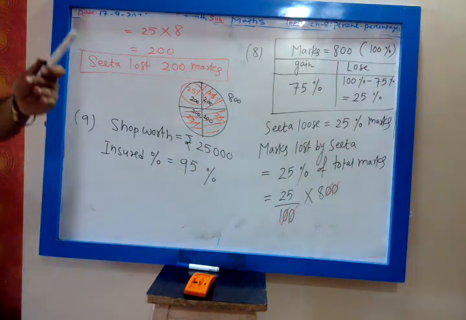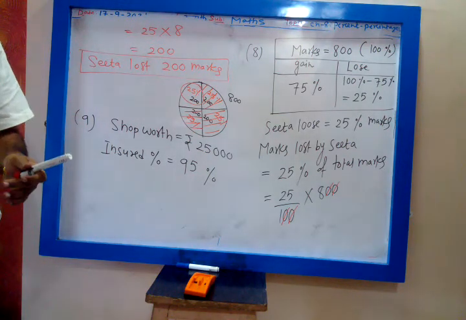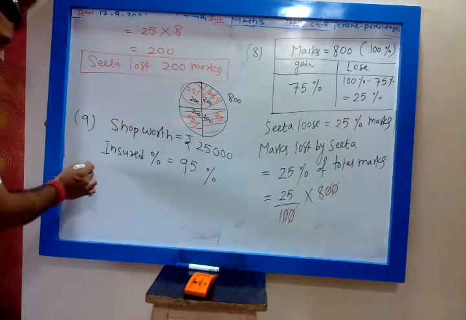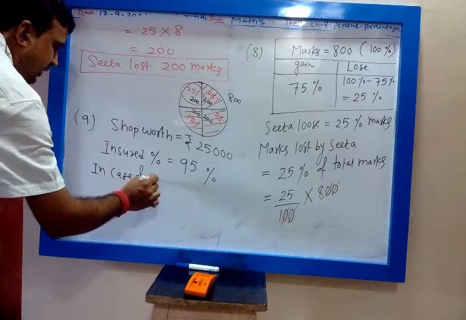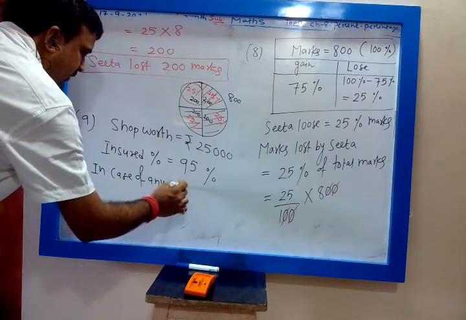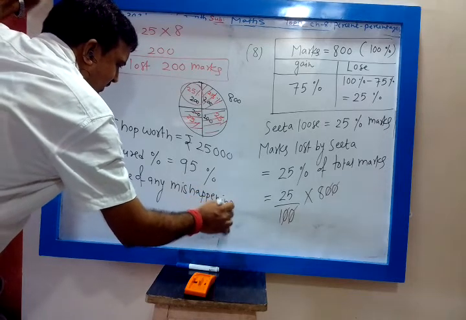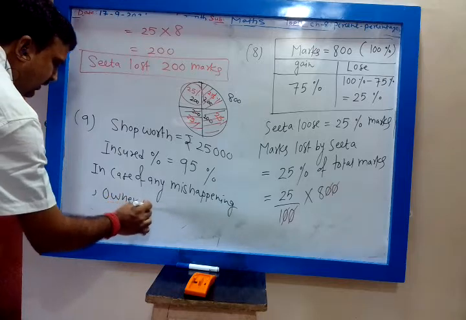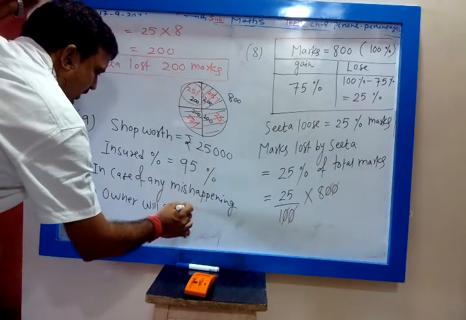So you get the insured amount in case of any untoward incident. How much would the owner get in case of any mishap? The owner will get the insured amount.